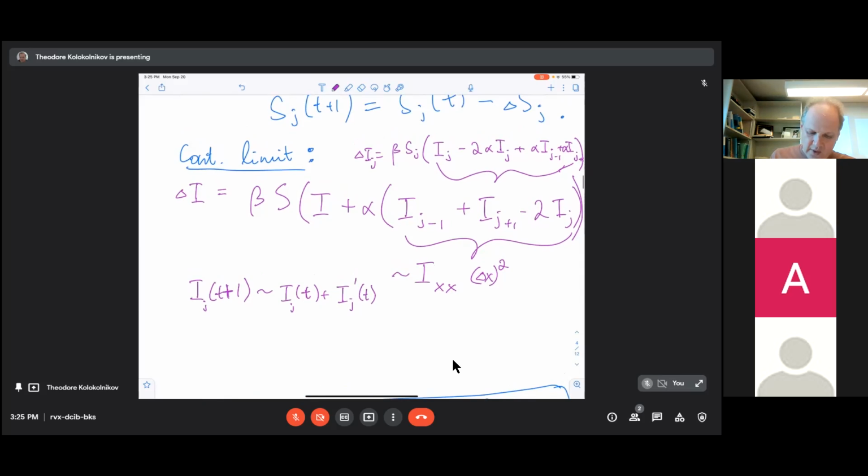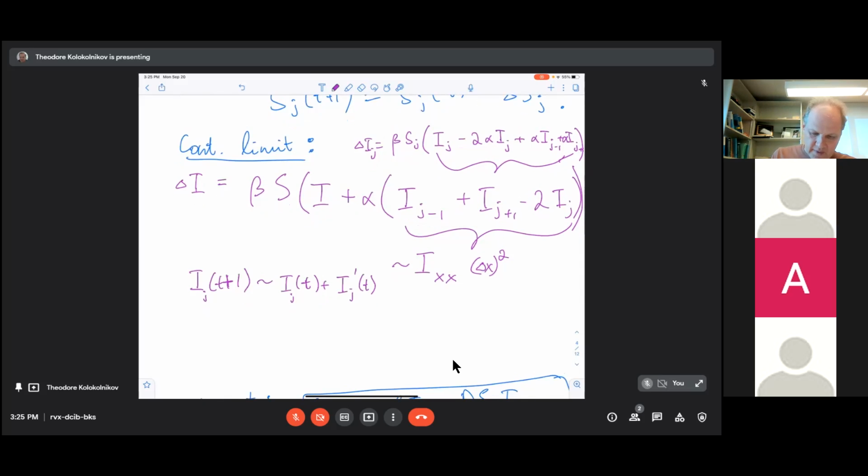So then the equation for I of t plus 1: this is equal to I_j plus ΔI_j.